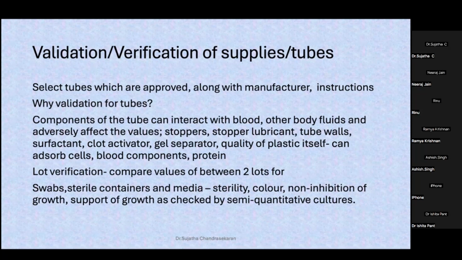Their quality has to be ensured between lots because there is a lot of variation between lots. So there are guidelines which the concerned departments can look at. Basically, what should be ensured is the sterility of the swabs and then the color of the transport medium, pH changes, then non-inhibition of growth.